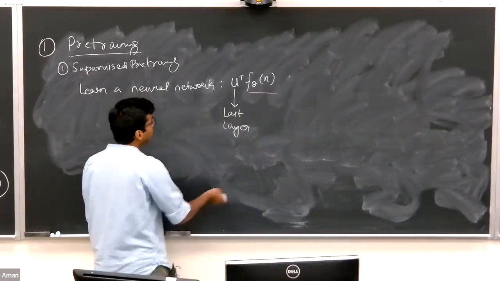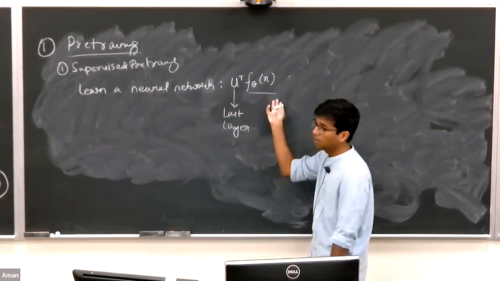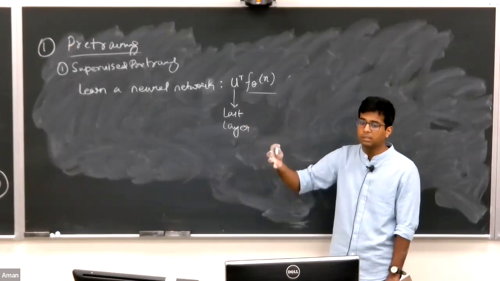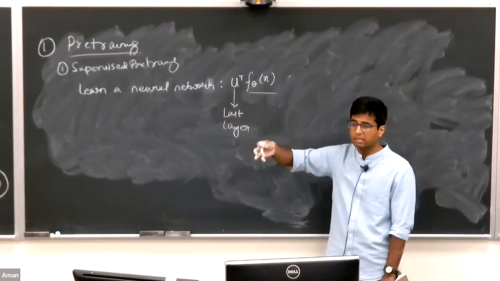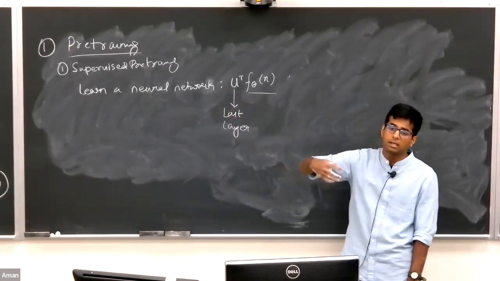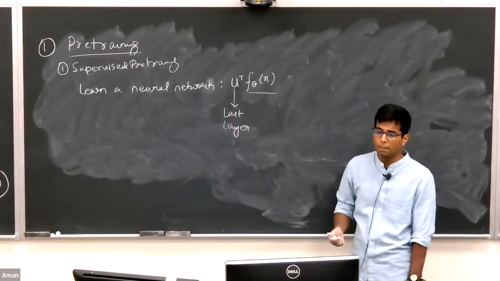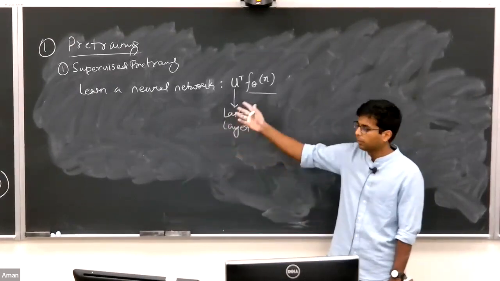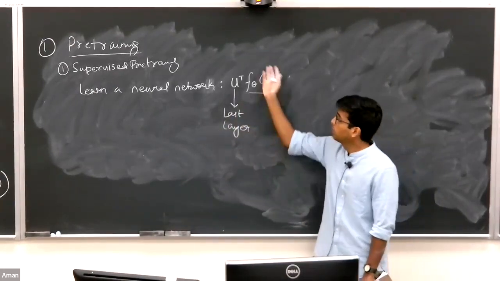Now you train this type of model with a labeled dataset using any kind of loss that depends on what the task and the dataset are. If you are doing a classification task, like an ImageNet pre-training, you would train it on a cross entropy type loss, and that would give you a model like this.